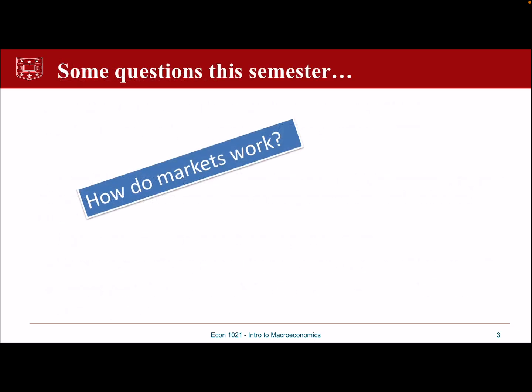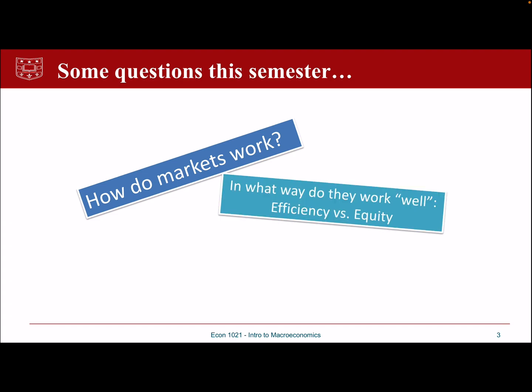So, what kinds of things did we talk about this semester? Well, in the context of demand and supply, as well as later on with macroeconomic topics, we thought about how markets work. We thought about the sense in which they work well and in cases in which they fail. And in this, we also talked about the difference between efficient allocations of resources and to some degree equitable allocations of resources.